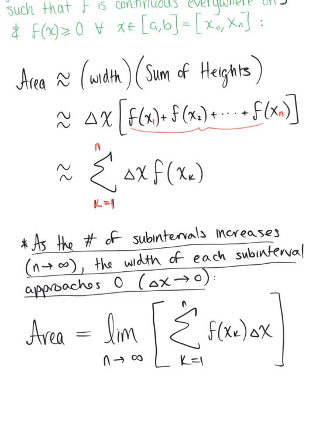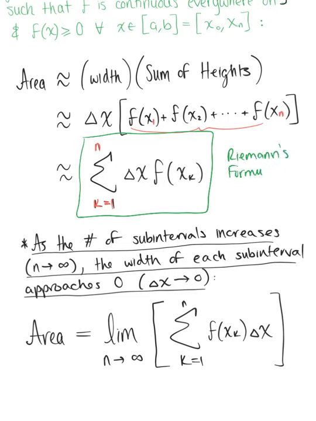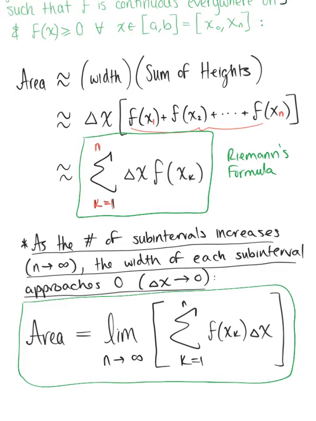And so this is the idea behind Riemann's limiting process to get that exact area. We call this Riemann's formula. And this is Riemann's limiting process.